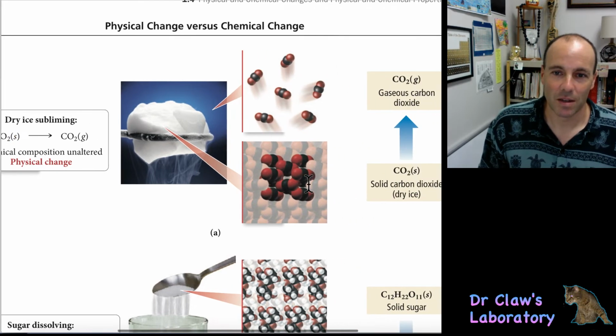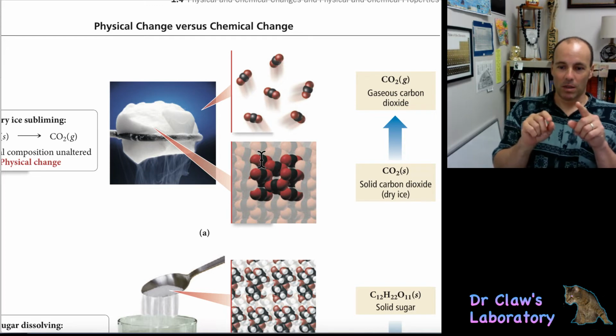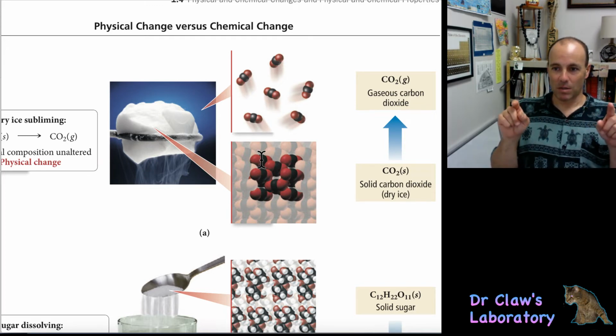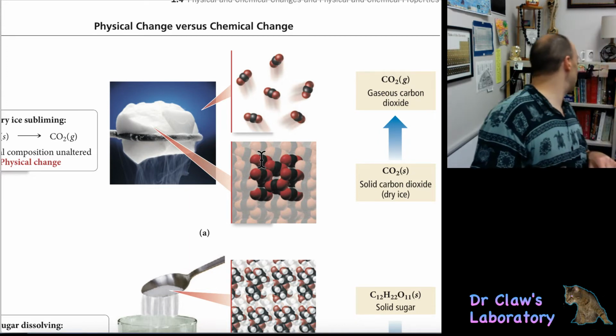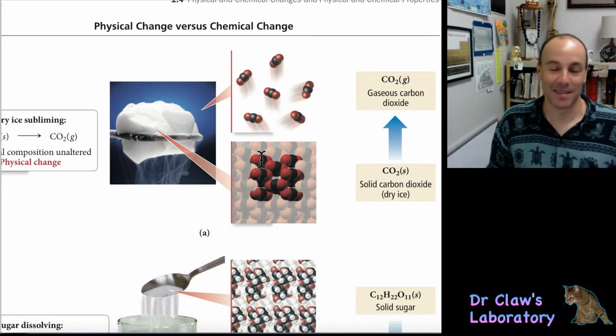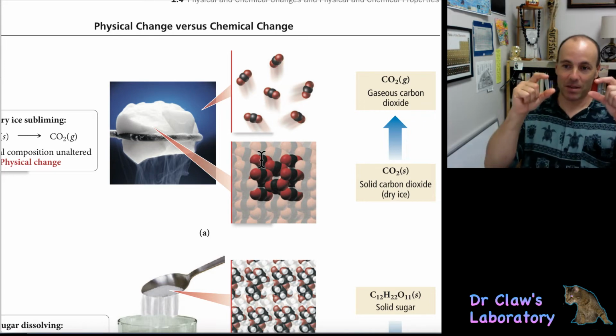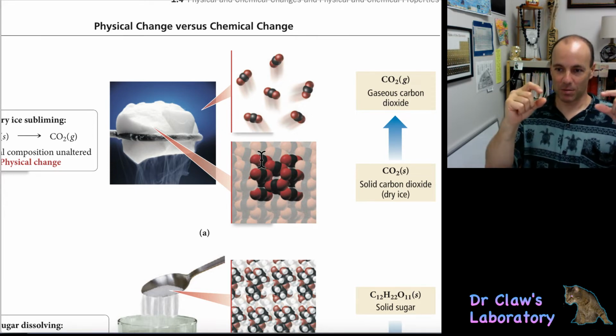Now, you can imagine the solid phase, all of these CO2 molecules. Each molecule contains one carbon in the middle, surrounded by two oxygens, one on either side.